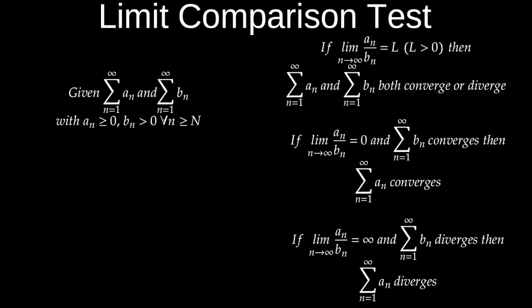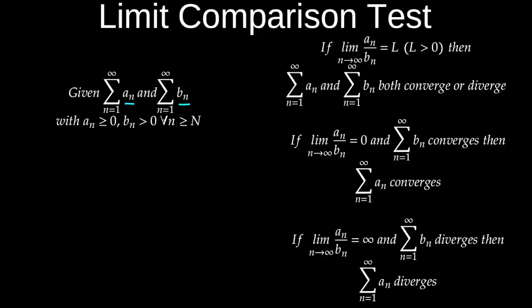The limit comparison test is particularly useful for a series A, where An is a rational function of n. And again, we compare this infinite series against an infinite series whose convergence is already known, like the geometric and harmonic P series, which are typical.